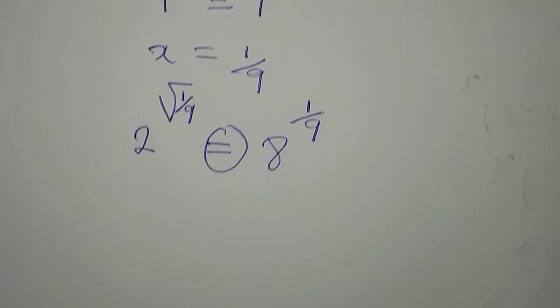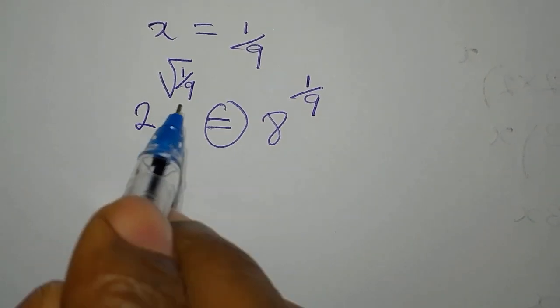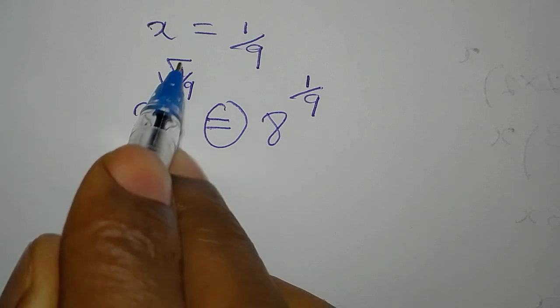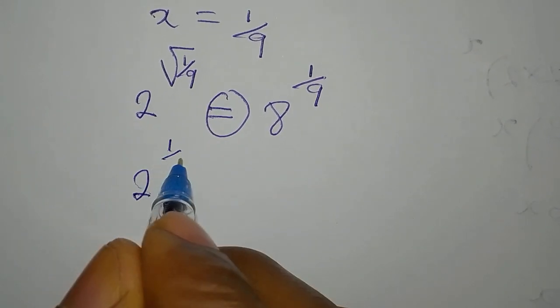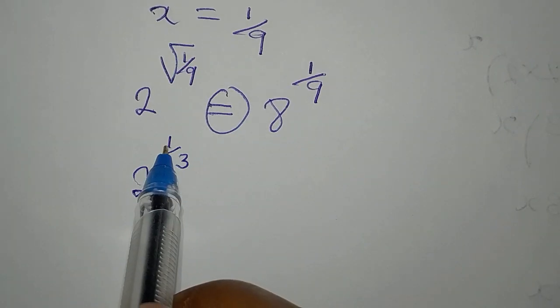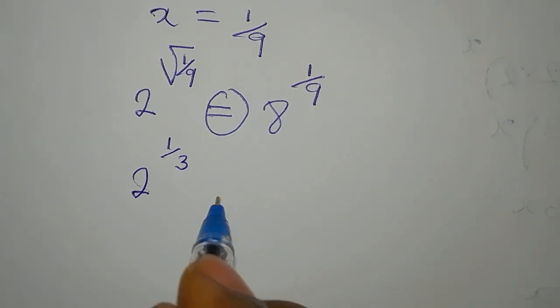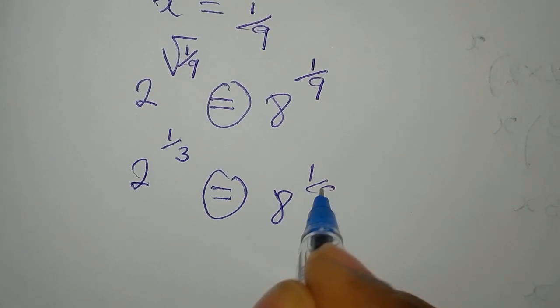Let's work on that. Now 2 to the power of square root of 1 over 9 is the same as 2 to the power of 1 over 3, because square root of 1 is 1, square root of 9 is 3. Now, will this be equal to 8 to the power of 1 over 9?